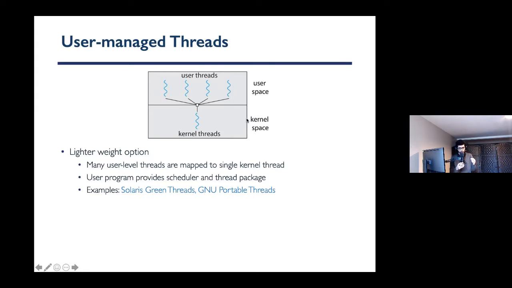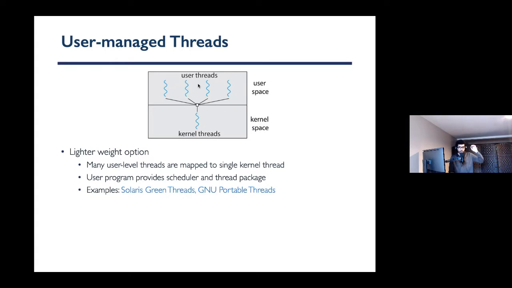So the operating system is going to create only one kernel stack, only one TCB for this thread. Inside this thread, in the user space, the user level library can create as many threads as it wants. It can manage them by itself. It has a heap, so it can allocate stacks. It can switch between the threads itself. It can just jump from one thread to another thread to another thread, and all of this will be transparent to the operating system. From the operating system's point of view, this whole thing is just one thread.